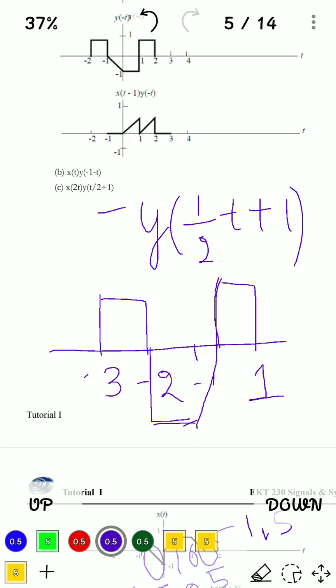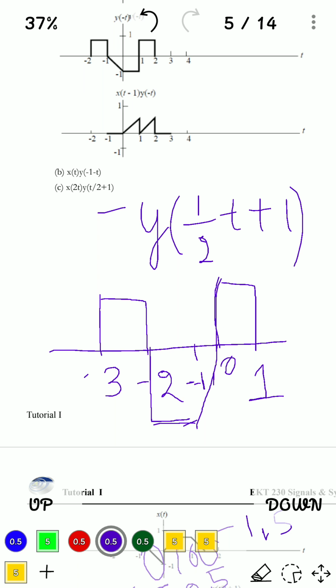Whatever was in the place of 2 you are going to get at minus 3, and whatever was in the place of minus 1 you are going to get at minus 2, so everything gets shifted one place to the left, right? So this is the resultant. This is minus 1 here, this is 0 here, and this is 1.